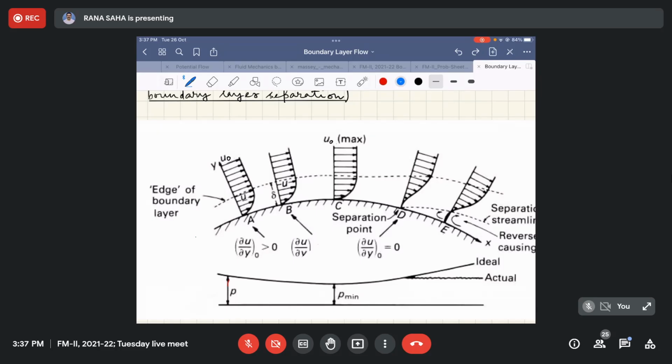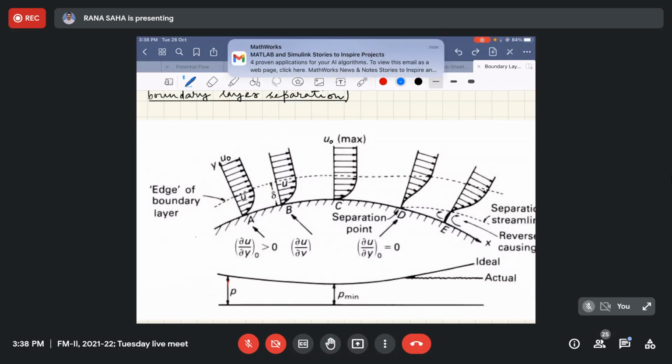You have reached the maximum value of U naught, where, in other words, we can say we have attained the minimum pressure condition.